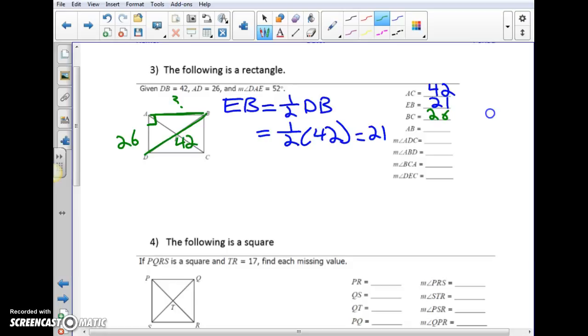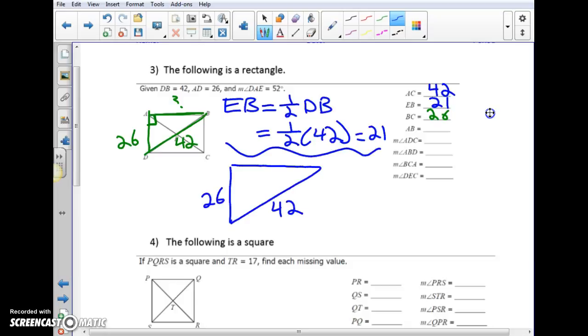So what I can do is pull out this portion that I've got highlighted here in green, and I can look at it as being a right triangle. So I've got 42, 26, and if I want to find out AB, that's just going to be the Pythagorean theorem. Now online, if you look at the worked out solutions, I worked the Pythagorean theorem already out. If you do it correctly, and I'm going to round to the nearest whole number, we should get about 33.